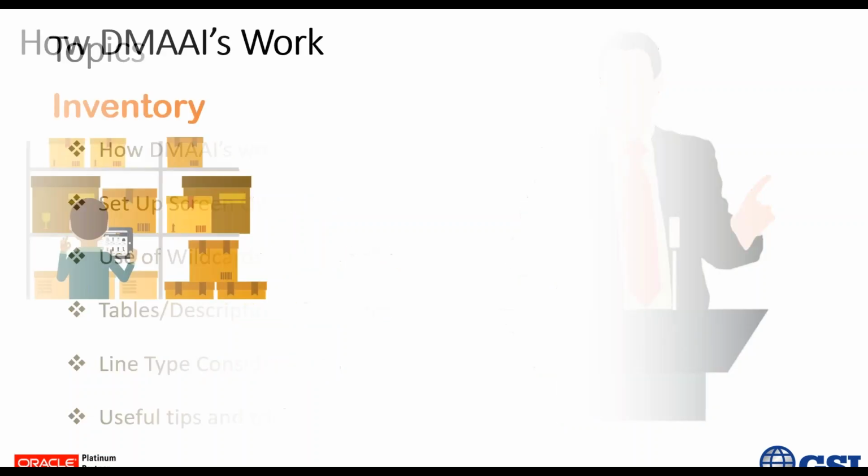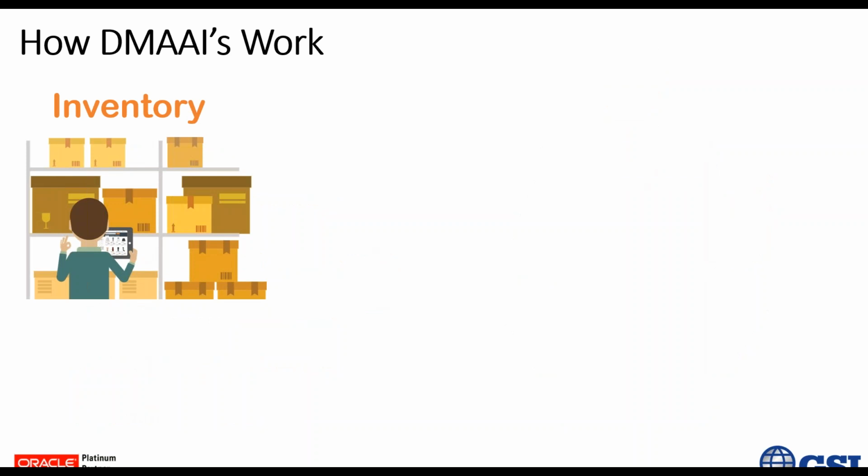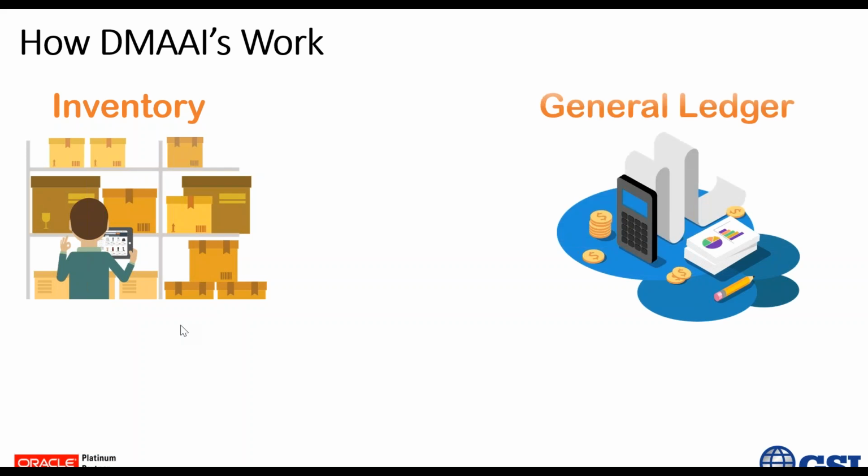Okay, so first, let's talk about how DMAAIs work. So what they are is they are a function of an inventory transaction. So we have 2 sides of the coin. We have inventory transactions that are being conducted either in the warehouse or out in the factory. We need to create a general ledger transaction for every single inventory transaction that happens.